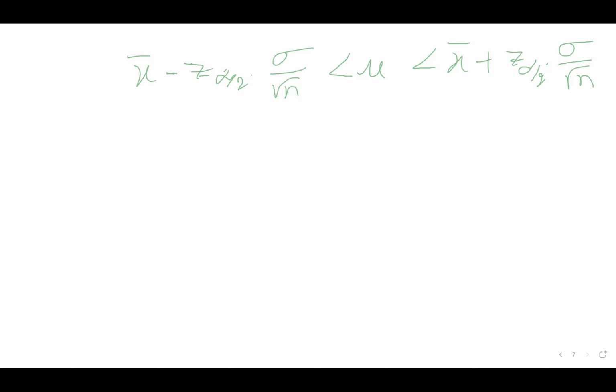Give me a sec, let me write that down. Yeah, so this is the confidence interval. You already have this formula in the lecture notes, so you do not need to write it down.